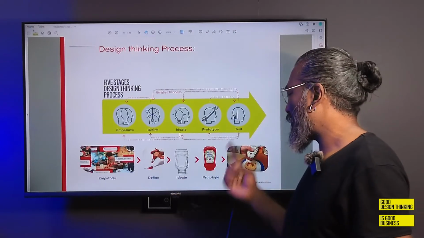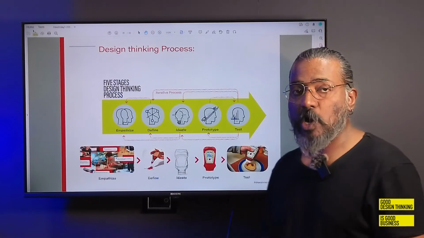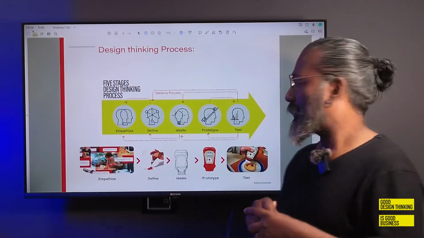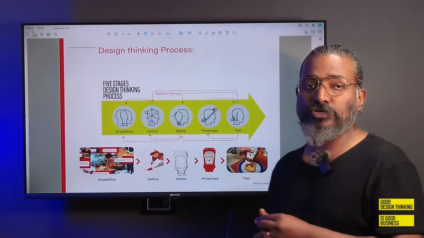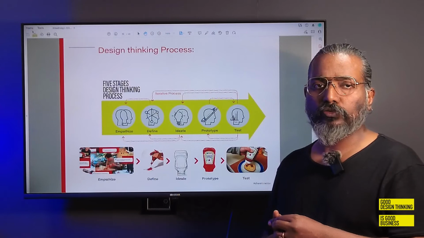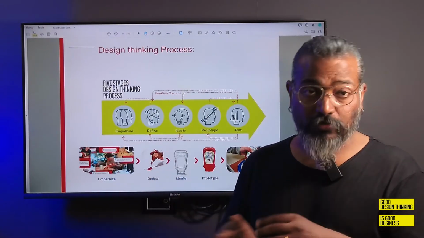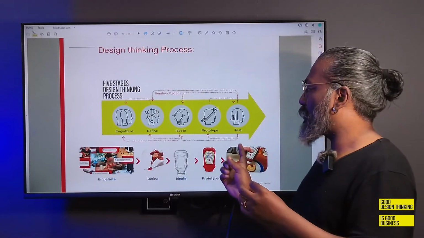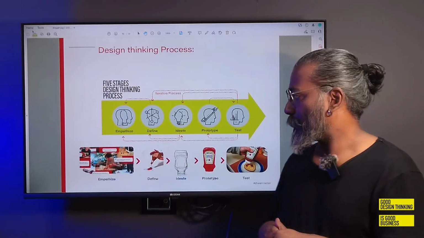You tested. While you are testing, you come to know that people are not responding the way you were expecting. In the sense, they are telling you, oh, what you are trying to solve was not the real problem we faced. We faced something else. That means you go back to define the problem again.